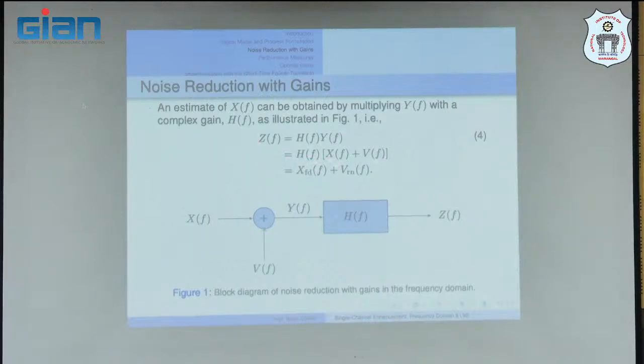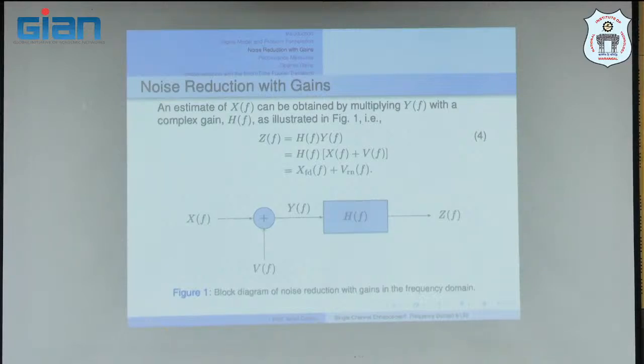So suppose that we know for each frequency the signal-to-noise ratio. Then if the signal-to-noise ratio for a frequency is high, we will multiply it with a gain that is closer to 1. If the input SNR in that frequency is low, we will multiply it with H that is close to 0. Suppose you have a desired signal, you transform it to the Fourier domain, and you have some frequencies where the desired signal is strong.